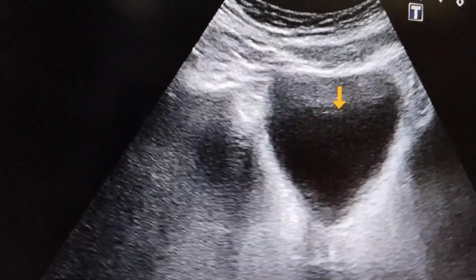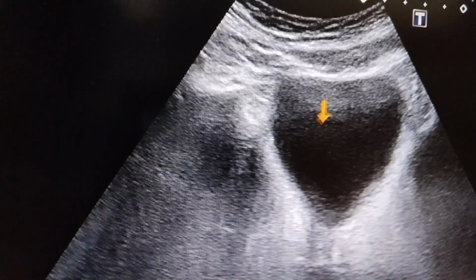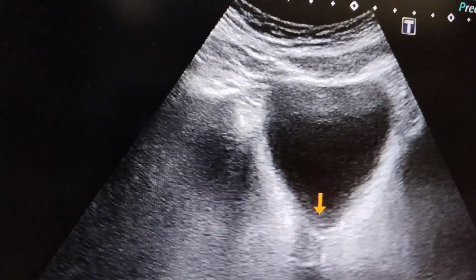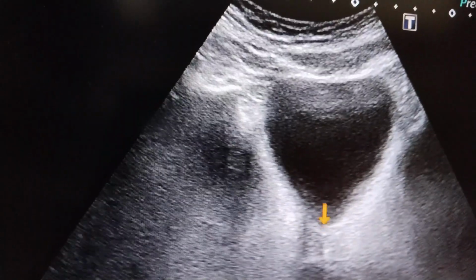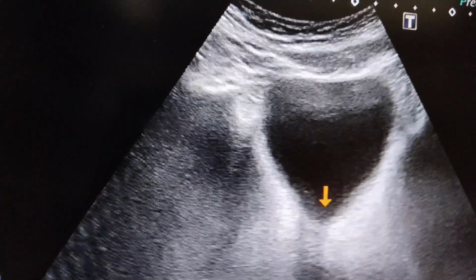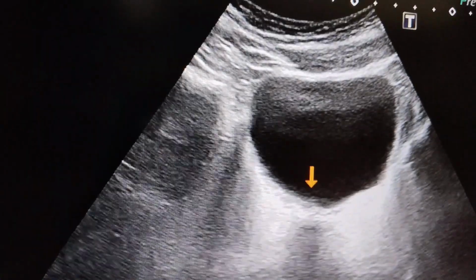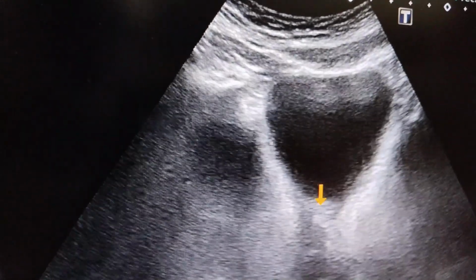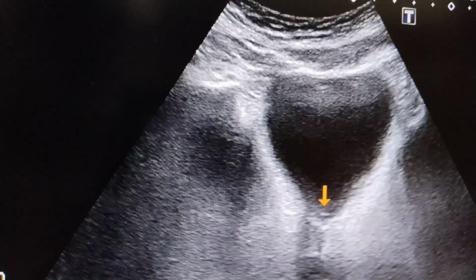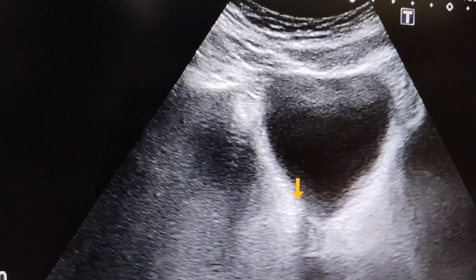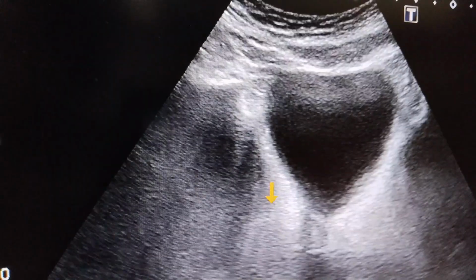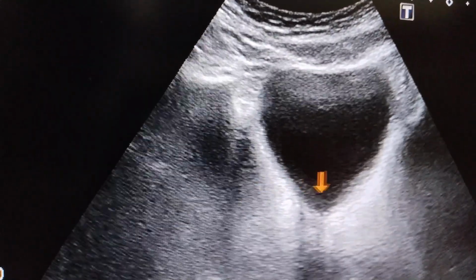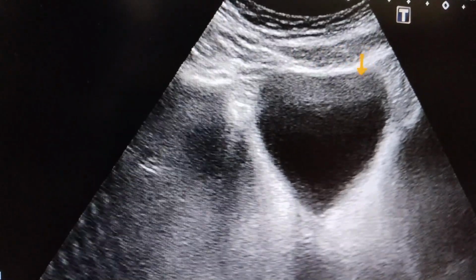and if we closely appreciate, the posterior aspect of the urinary bladder is conical. There is gradual, look at here, gradual narrowing of the posterior aspect of the urinary bladder. The posterior wall or posterior aspect of the urinary bladder should be flat like this.